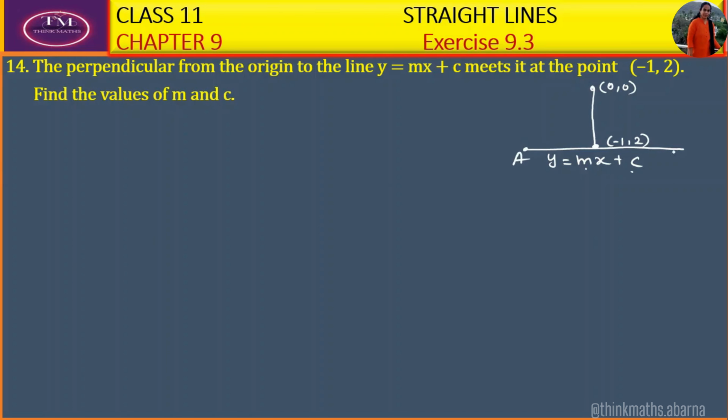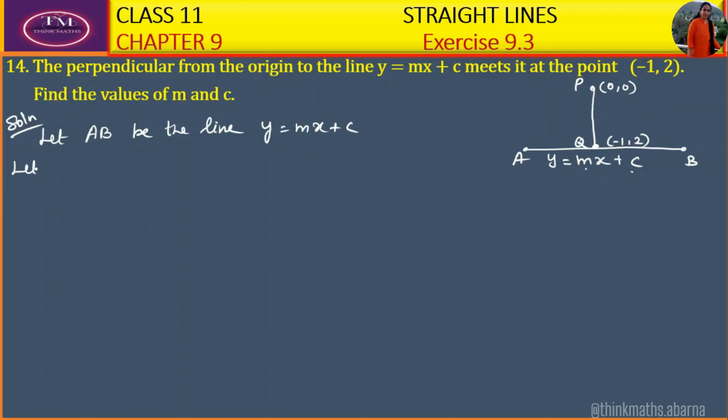Okay, so let AB be this line and PQ be the perpendicular. So we have 2 points for P and Q, so you can find out the slope. Then by perpendicularity, we can say the product of the slopes is equal to minus 1. From that we can find the value of m, and substituting we will get the value of c. Okay, the same procedure. So let AB be the line y is equal to mx plus c.